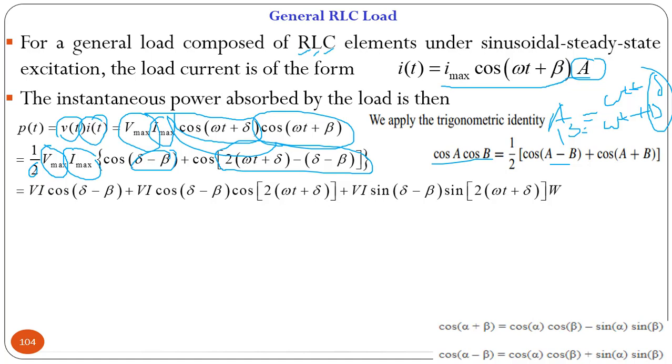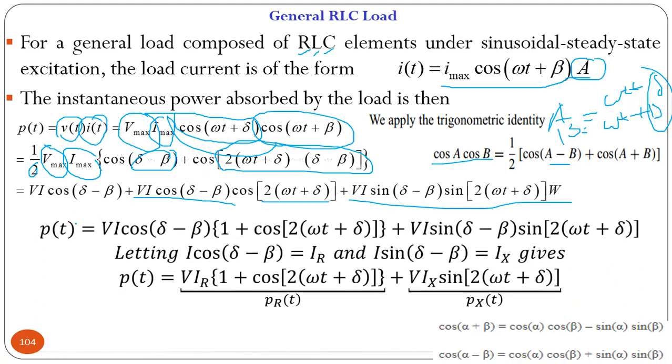Therefore, the instantaneous power p(t) is equal to VI cosine of sigma minus beta plus VI cosine of sigma minus beta times cosine of 2 omega t plus sigma plus VI sine of sigma minus beta times sine of 2 omega t plus sigma, by using the multiplication rule of cosine angles. Therefore, by taking the common value VI cosine of sigma minus beta, we get VI cosine of sigma minus beta times 1 plus cosine of 2 omega t plus sigma, plus VI sine of sigma minus beta, the other common value, times sine of 2 omega t plus sigma.